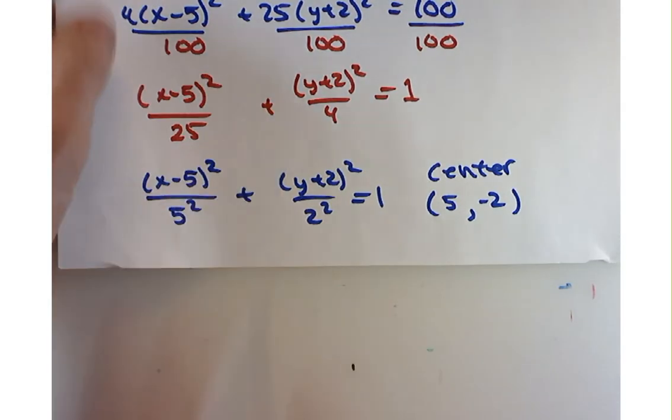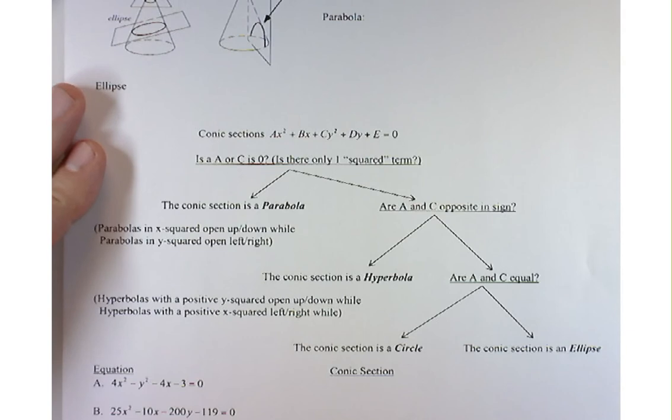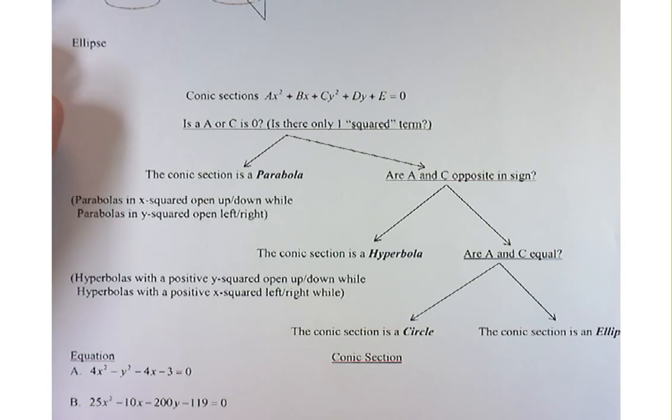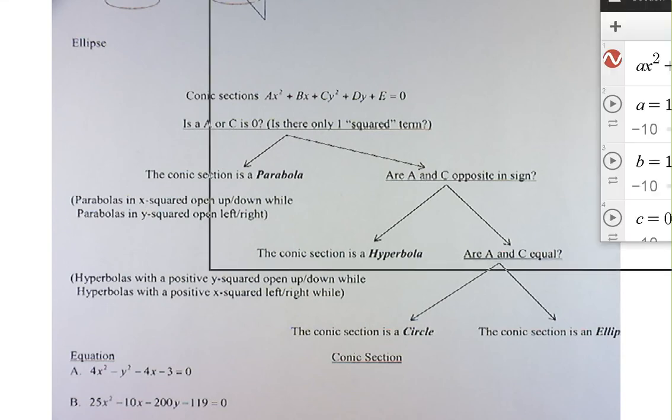So the last part of this is to try and figure out how I could just look at this and know what equation's coming. For that, I'm going to give you a link.